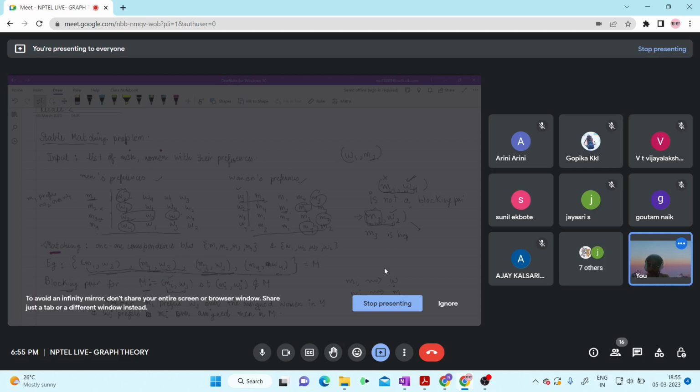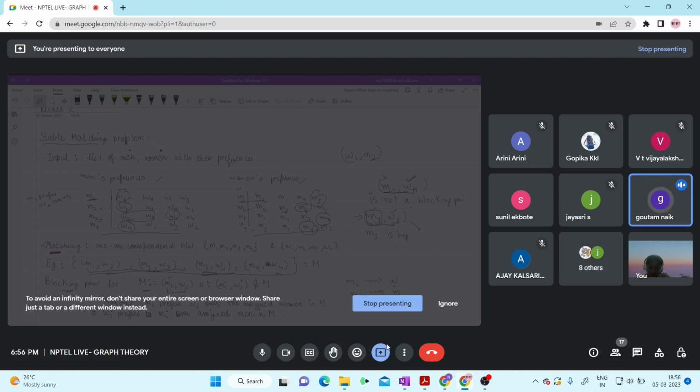If we consider men as one set and women as one set, this is a complete bipartite graph, and by matching we are basically looking at a perfect matching of this complete bipartite graph. Can this be drawn like a line graph, madam?